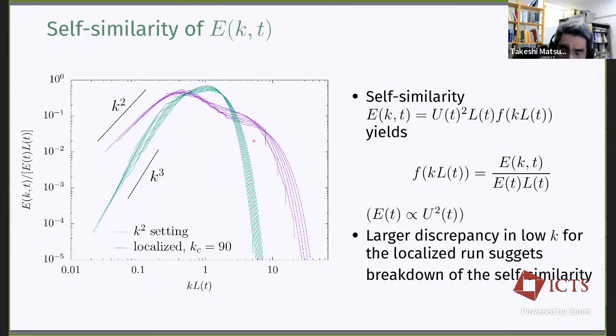When I compare these purple curves and green curves, I observe the green curves are not well collapsed in comparison to the classical setting. So in conclusion, for the localized energy spectrum, the scaled energy spectrum is somewhat scattered. That suggests probably the self-similarity is broken for the high wave number localized initial spectrum.